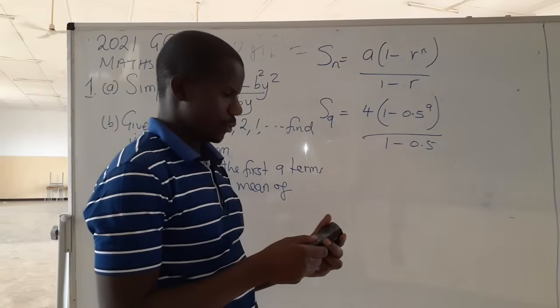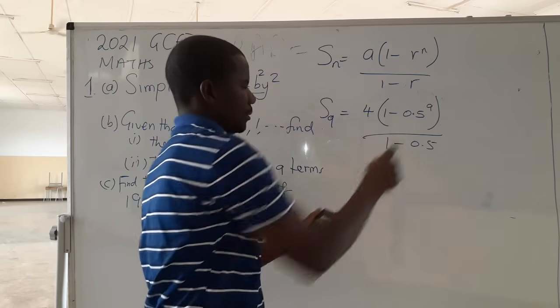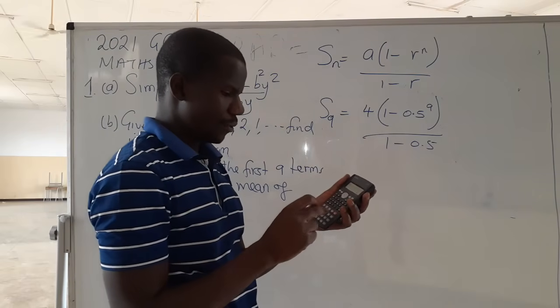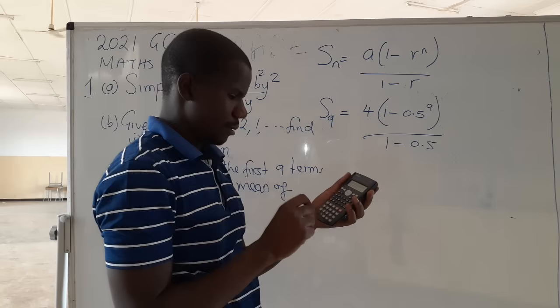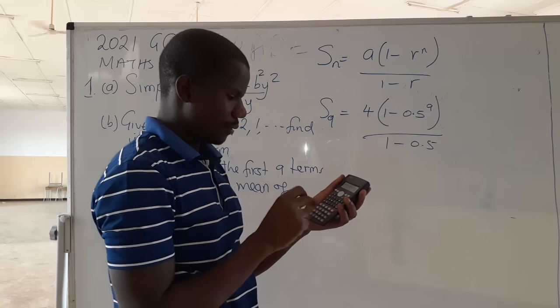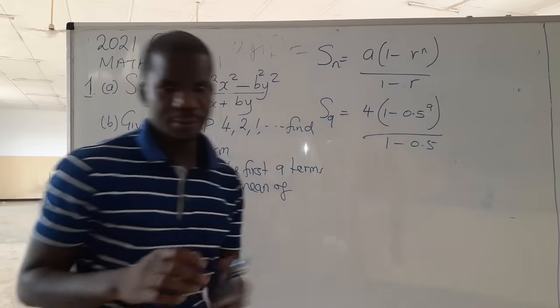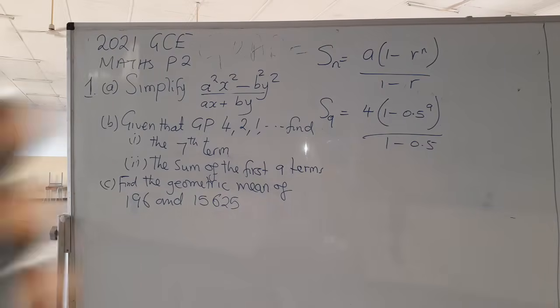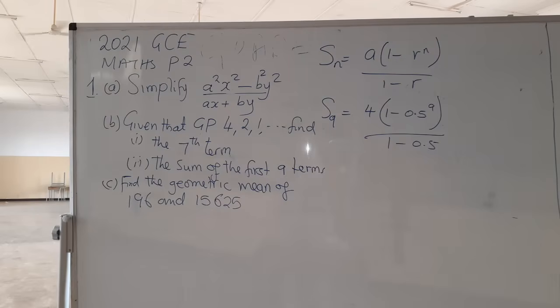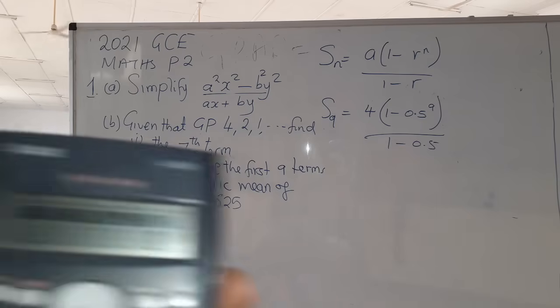Okay. So this one, you punch this one on the calculator: 4 open brackets 1 minus 0.5 to the power 9 close brackets. Let me show you, maybe you'll be able to see this. So let's do it. We're saying 4 open brackets 1 minus 0.5 to the power 9 close, like this.